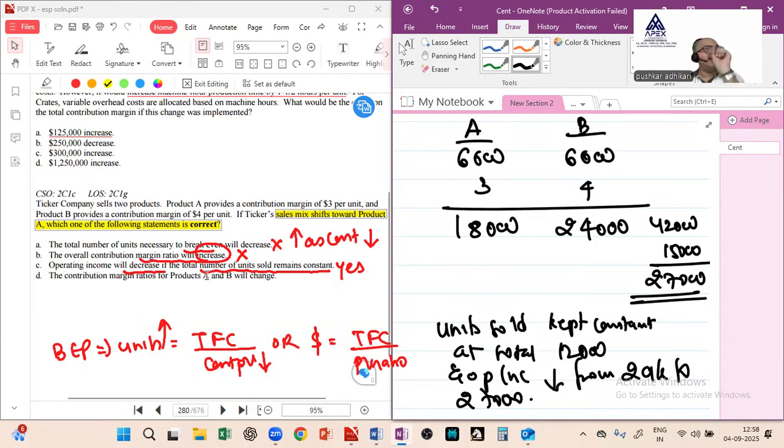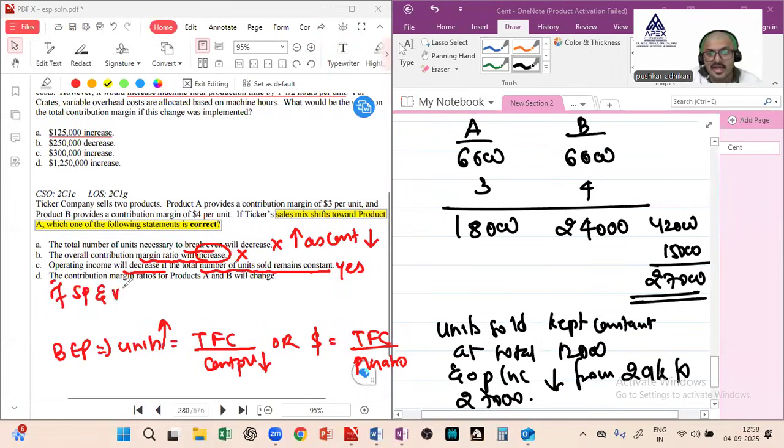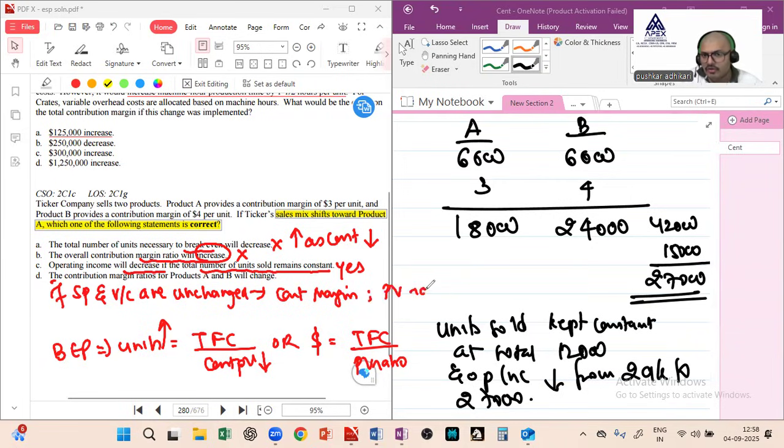The contribution margin means contribution upon sales into 100. Is there a change in selling price? No. Is there a change in variable cost? No. So if selling price and variable cost are unchanged, contribution margin, which is nothing but profit volume ratio, will stay unchanged.